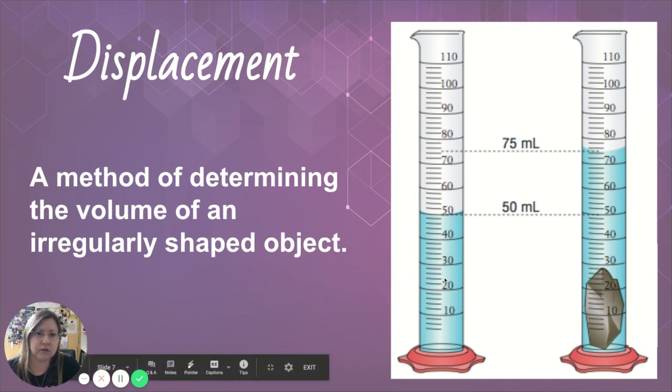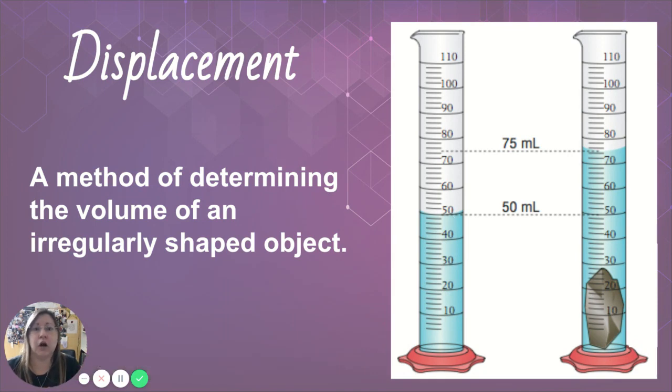So if you know the starting volume of a liquid, and usually this is going to be water, say the starting volume here is 50 milliliters, and then we place a rock in here. The rock has been placed into the graduated cylinder, and now the water level has risen. So it has displaced a specific amount of liquid. That amount of liquid that has been displaced is going to be the volume of the rock.